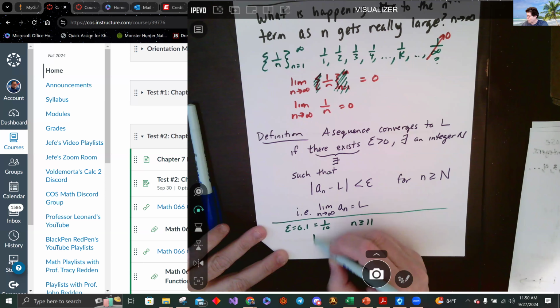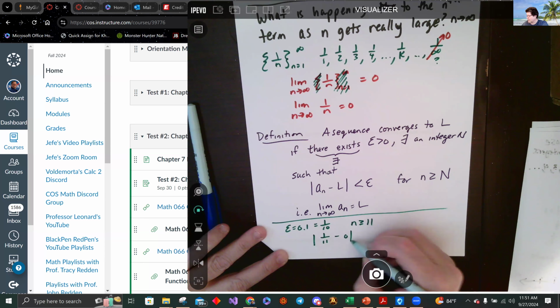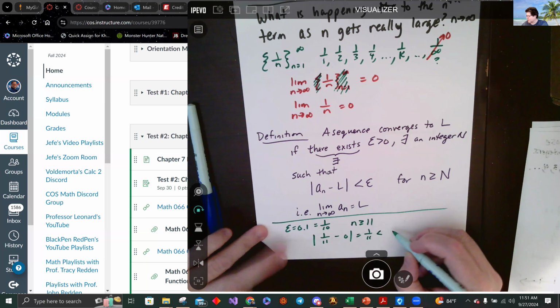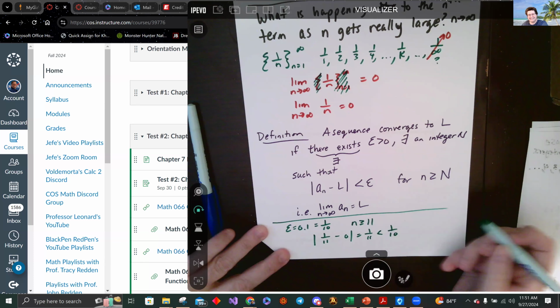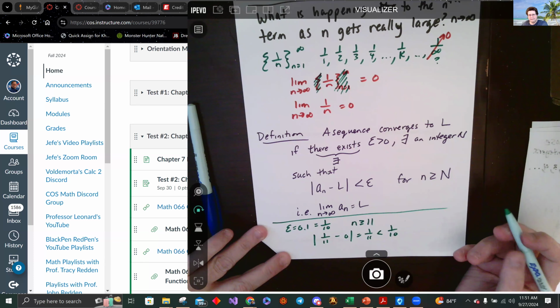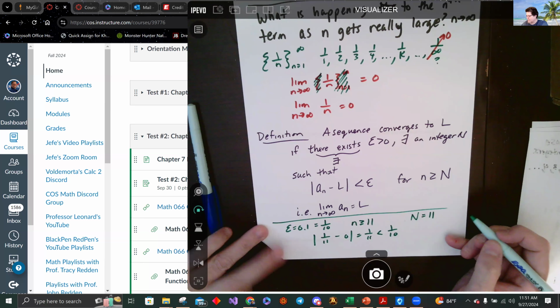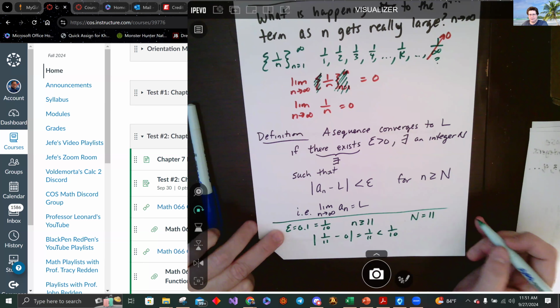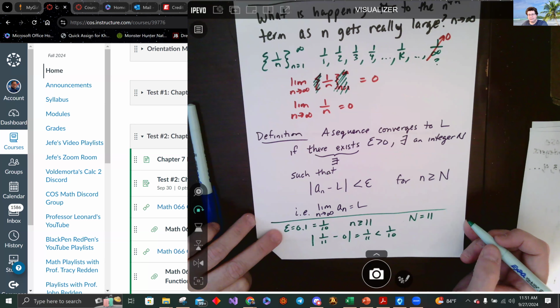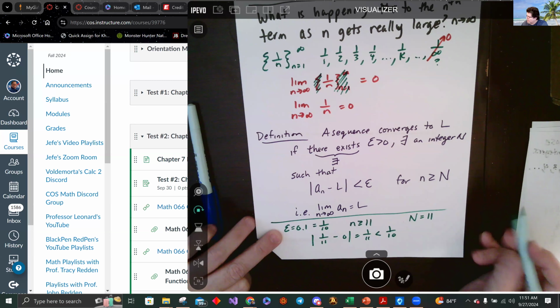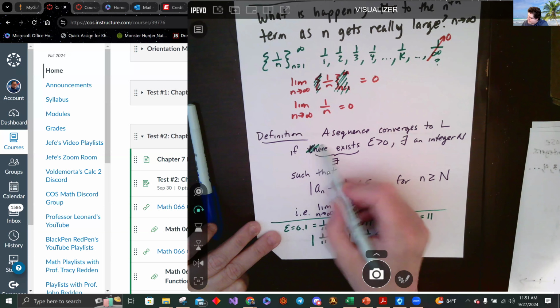I have 1 over 11 minus 0 is 1 over 11, and that's less than my epsilon, which is 1 over 10. And so my big N would be 11 here to match this epsilon here.